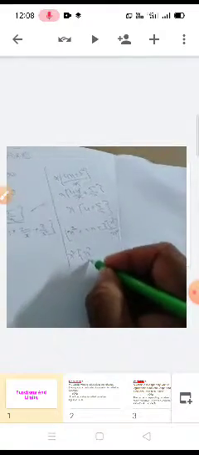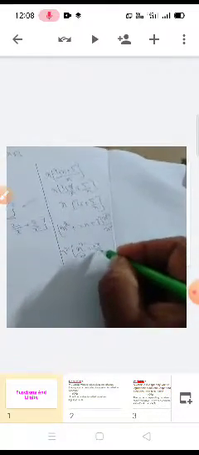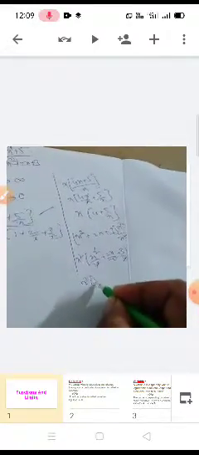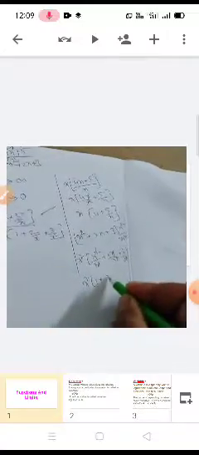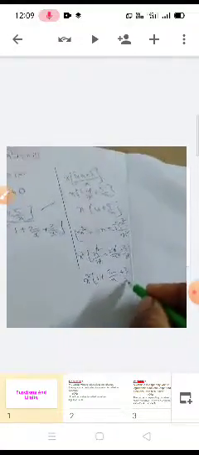Dividing every term by x square, we get x square of (1 plus 2 by x plus 3 by x square).